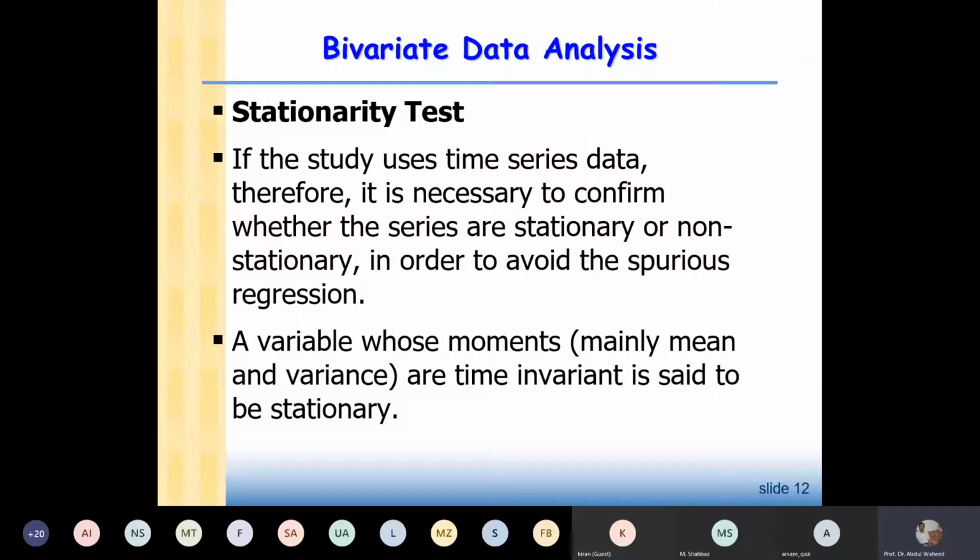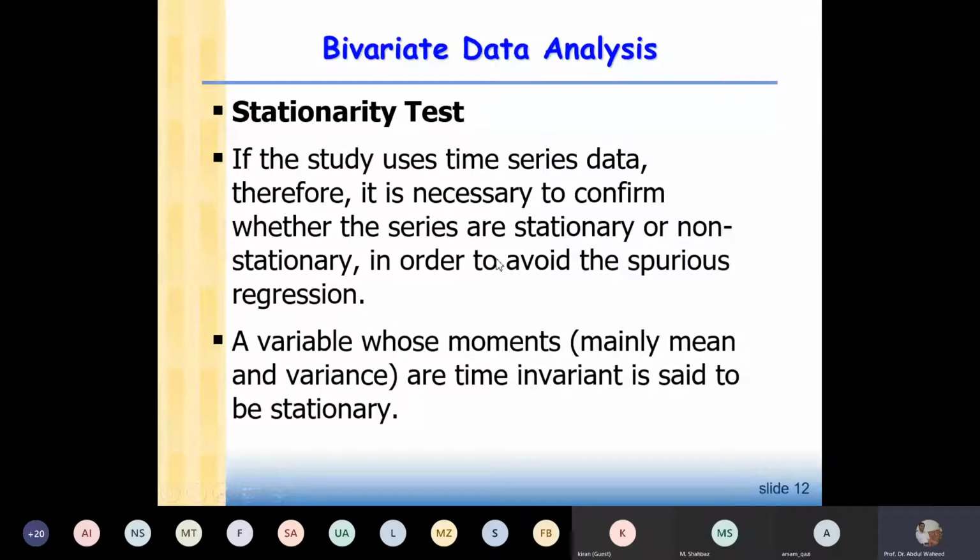Because if the time series data you are using is non-stationary and you run a regression model, we will get a spurious regression. It means it has no worth. That's why we have to confirm. If we are using long time series data, you have to confirm first whether the series is stationary or non-stationary.